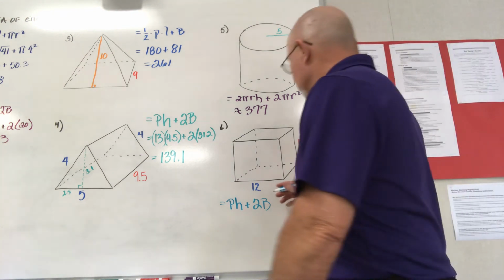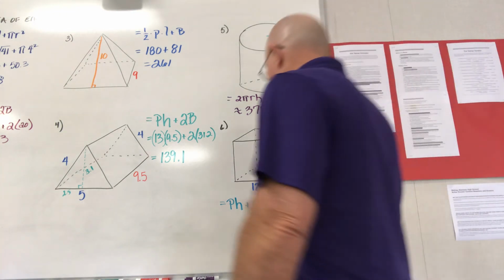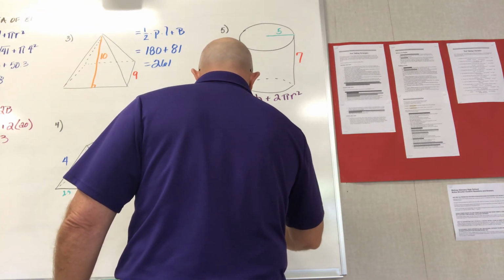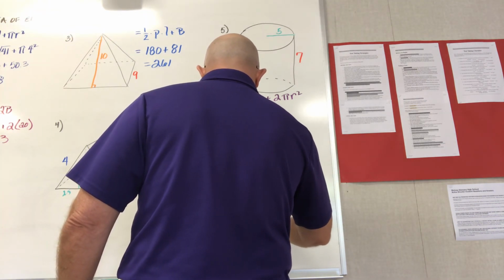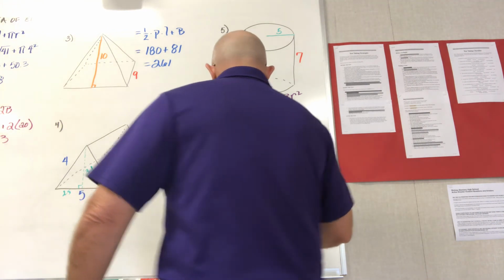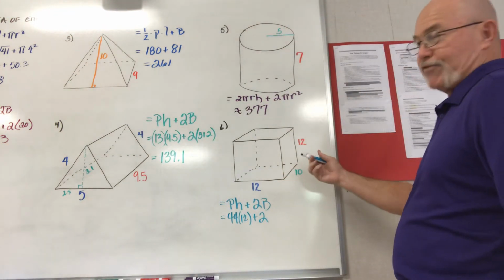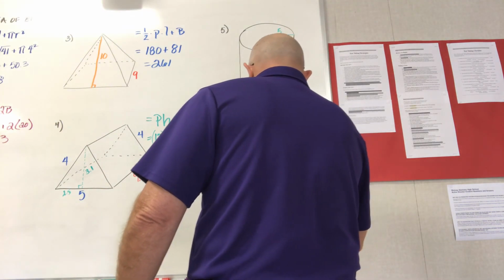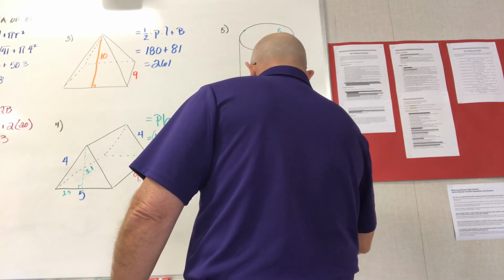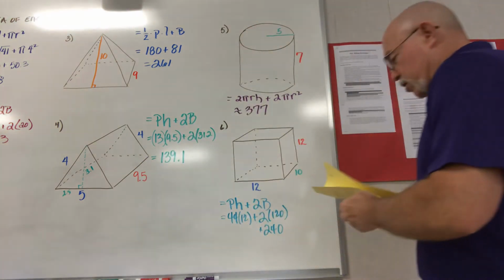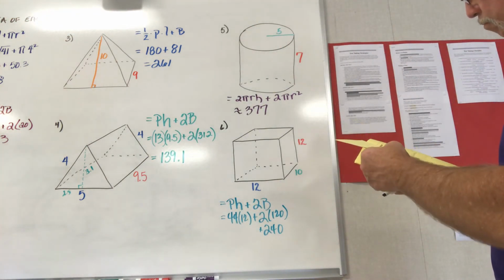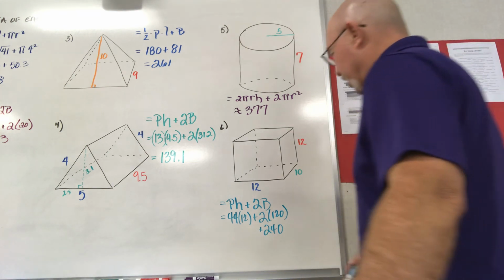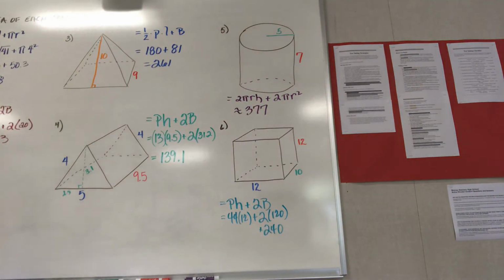So we're going to take 44 times 12. And the area of the rectangle is 12 times 10. And we don't even have to do that one.